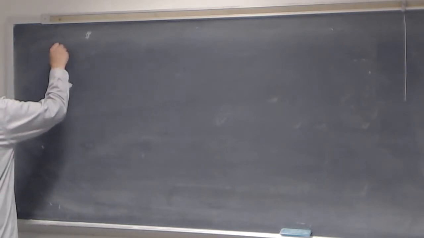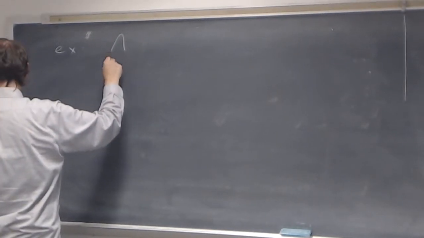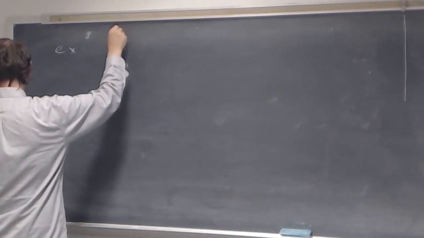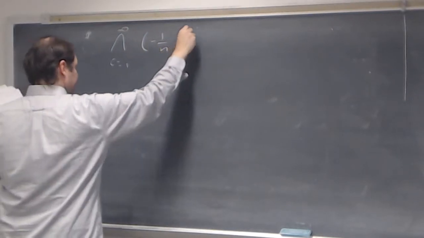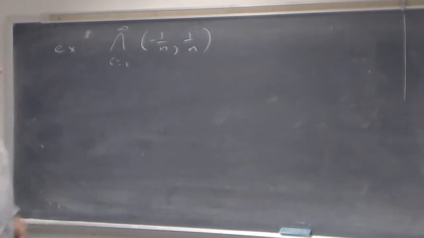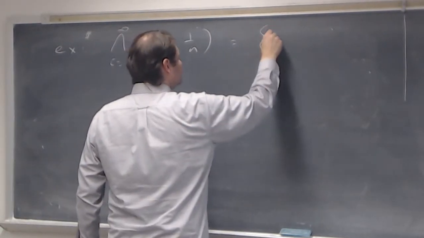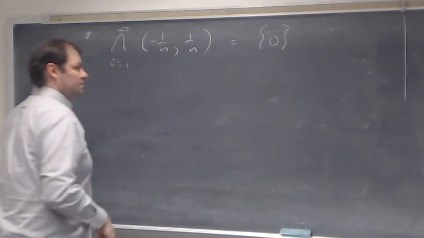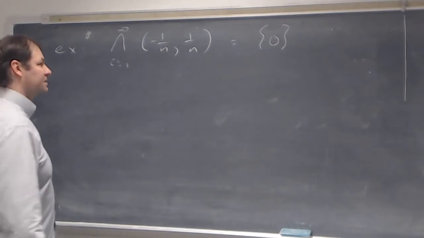So notice this example. If we look at the intersection, as n runs from 1 to infinity, of the open set from minus 1 over n to 1 over n in the real number system, that equals the set containing 0.